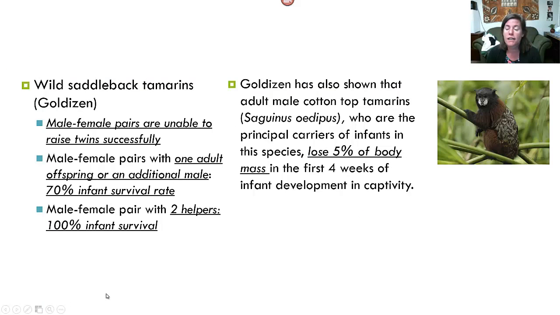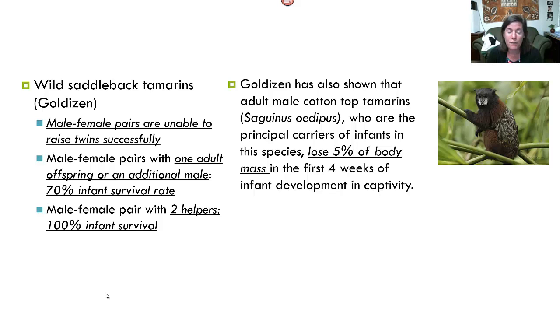There was an interesting study by Goldison, who did a study of wild saddleback tamarins. She found that a male-female pair is literally unable to successfully raise twins by themselves. So if you have just mom and dad and they produce twins, the mortality rate would be 100%.